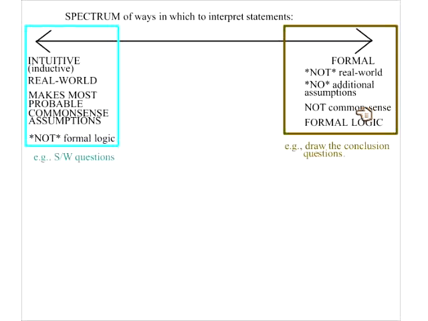The objective of the GMAT here is to test your thinking skills in both of these arenas. Anyone approaching the critical reasoning section with only this kind of thinking is going to be out of luck, because you're going to get all of these wrong. Also, anybody approaching it with only the other kind of thinking is similarly going to be out of luck, because the questions that require formal logic, you're dead.